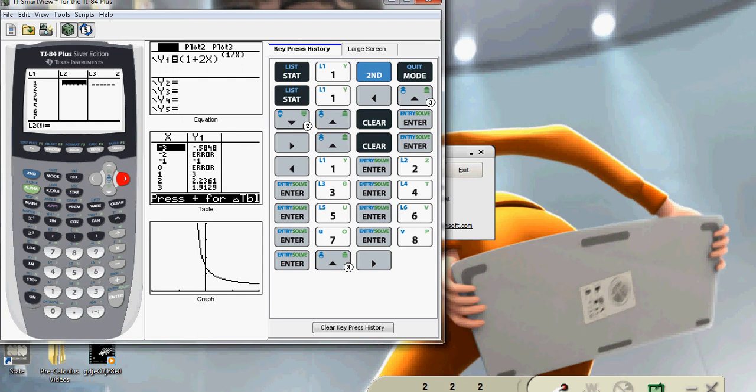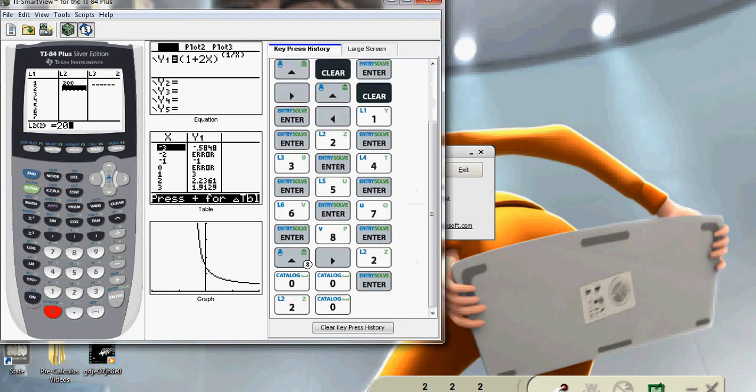Now we want to do the Y values in list 2, and so we're going to just put in the values that are listed there. So we get 200, enter, 205, enter.